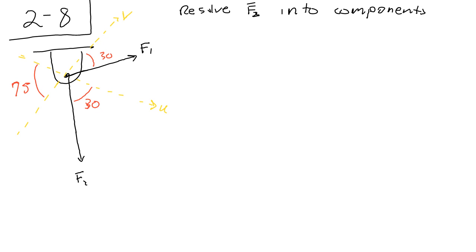Let's analyze what's going on in this picture and use a different color. We're going to resolve F2 into components, right? Looking at the picture, this here is 75, so we know this angle in between: 30 plus 30 is 60, minus 75, so this here is 15.